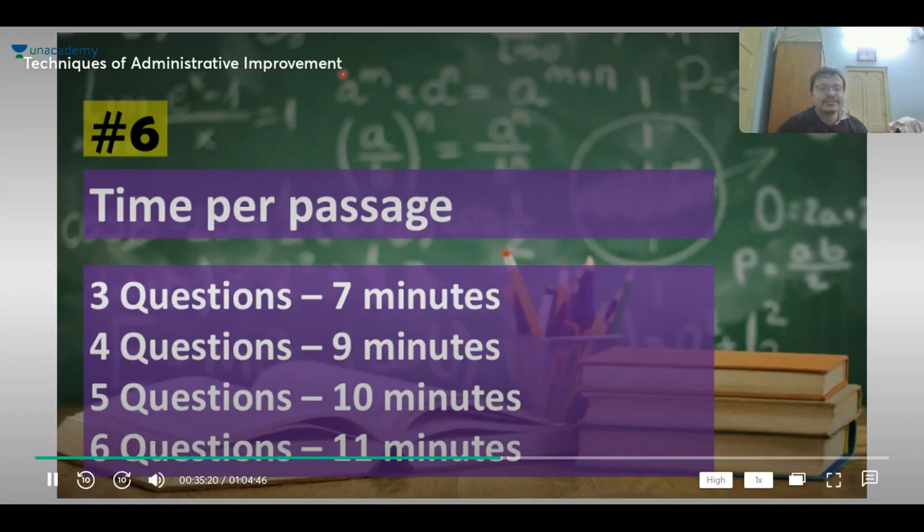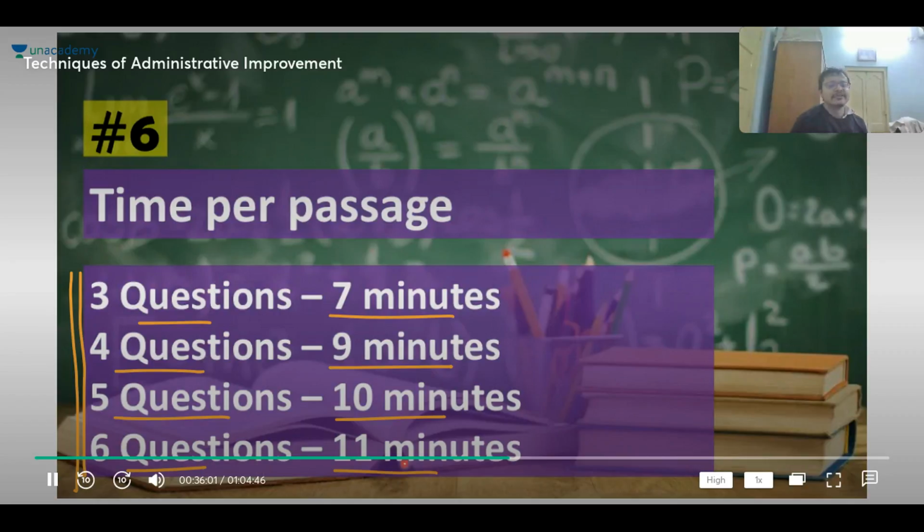The next thing that comes in is, what is the ideal time per passage that you need to focus on? Ideally, from an exam perspective, the time would depend on the number of questions. Passages with more questions are usually a little longer than others, and it's the questions that take up your time. So if the passage has 3 questions, approximately 7 minutes; 4 questions, 9 minutes; 5 questions, 10 minutes; 6 questions, 11 minutes.